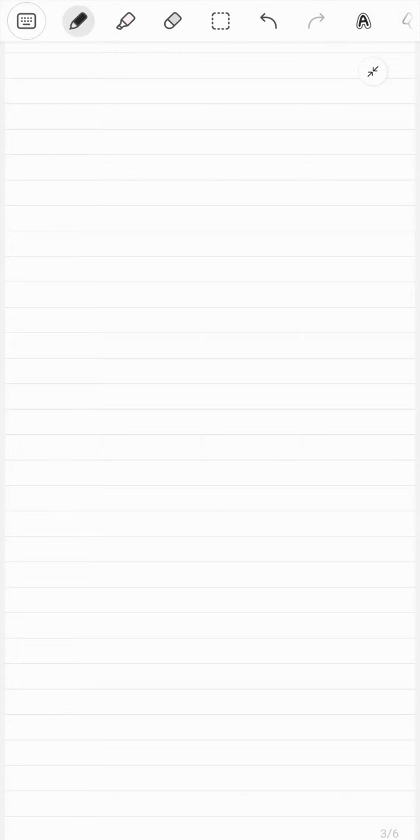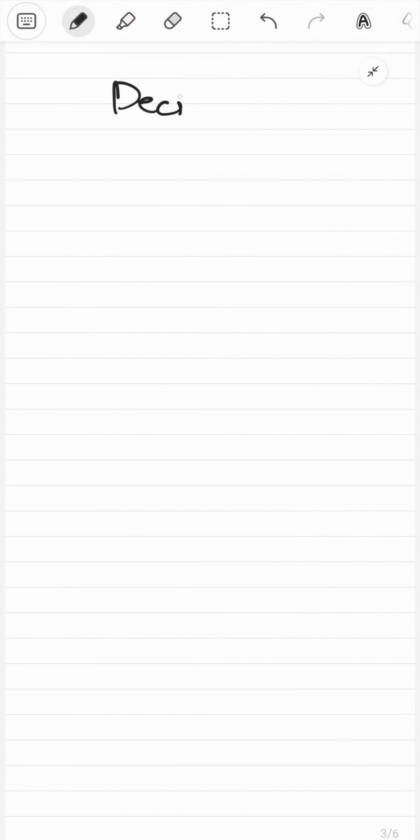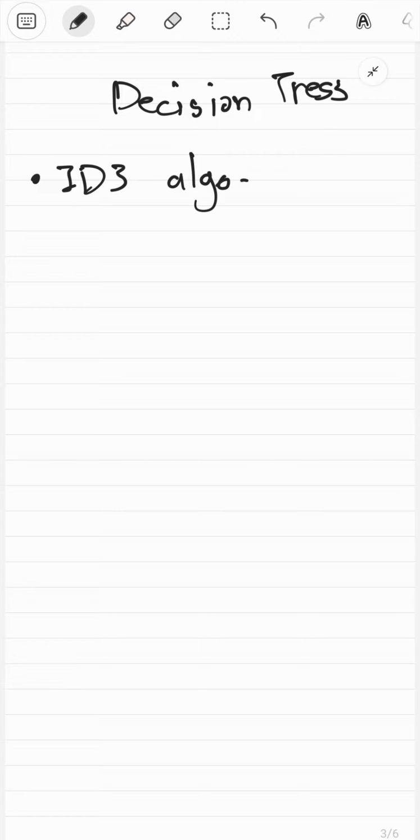So what are the good points and bad points about decision trees? Once again, just to recap, for the decision trees, we first did the ID3 algorithm. I think by now you have a good understanding of that. It uses information gain.